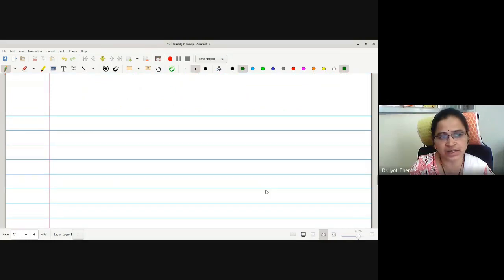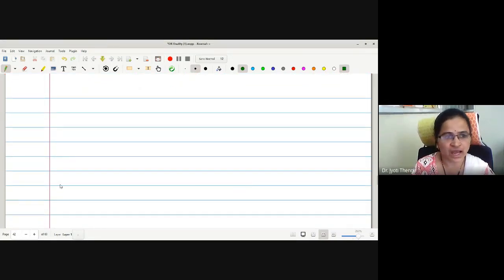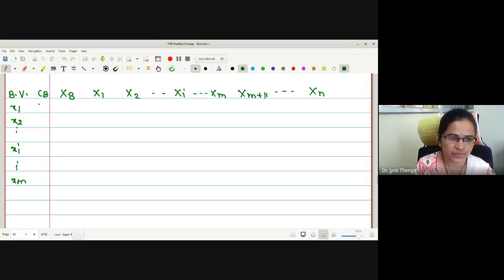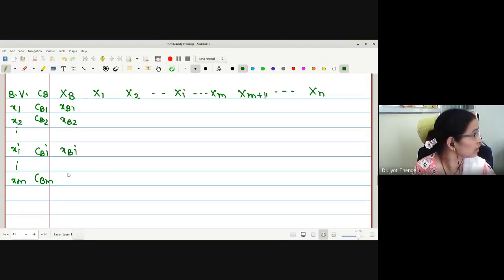Okay, let me write the table again and we will check how this could be added in the last table. This is basic variable, CB, XB, X1, X2, dot dot, Xi, dot dot, Xn, with Xn plus 1 to Xn. Already we know how we have written X1, X2, Xi to Xn. Corresponding entries CB1, CB2, CBi, CBm, let it be XB1, XB2, XBi, XBm.